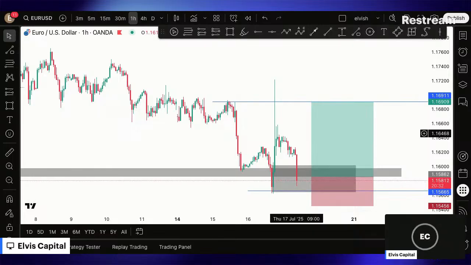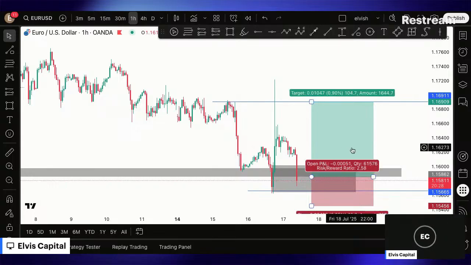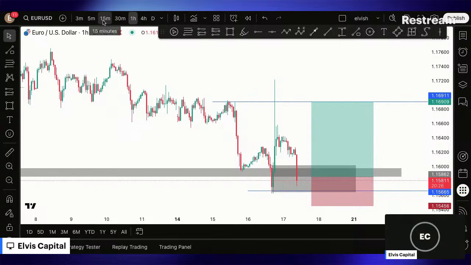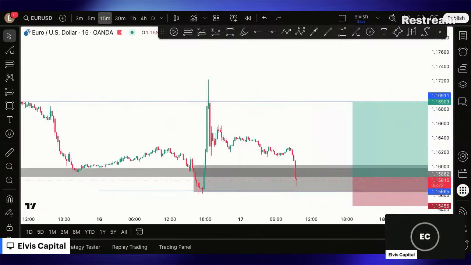So I think that's the point where we have to be taking our trades from. Let me first check my 30 minutes time frame. Let me check my 15 minutes to have a bigger picture of what we are going to be doing. I think that will be a nice setup for us.